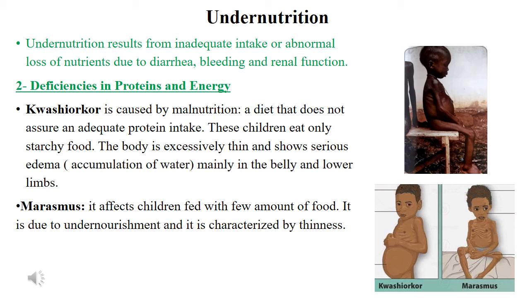The body is excessively thin and shows serious edema, which is the accumulation of water mainly in the belly and lower limbs. However, in case of marasmus, this is also a malnutrition disease that affects children fed with few amount of food. It is due to undernourishment and it is characterized by thinness.